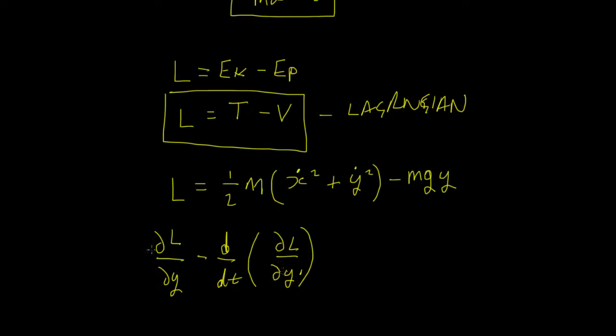Now we're working out the Lagrangian with respect to y, so we're just differentiating this here. If we differentiate this with respect to y, the only factor that has a y term is this one. We're not interested in the y derivative, only in the y term. So m and g act like a constants, so that would be minus m times g.